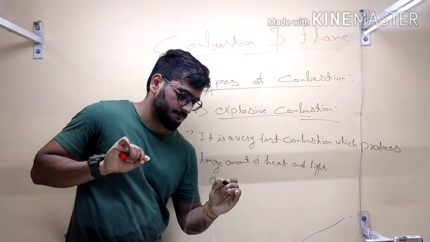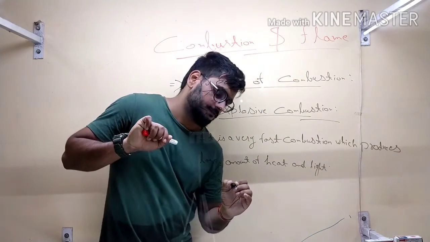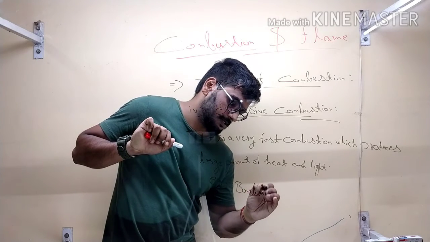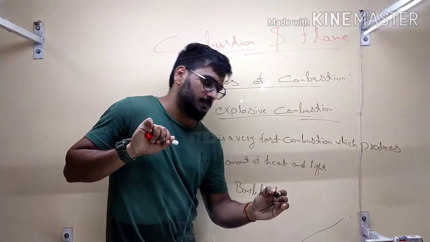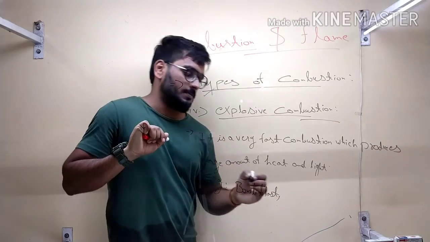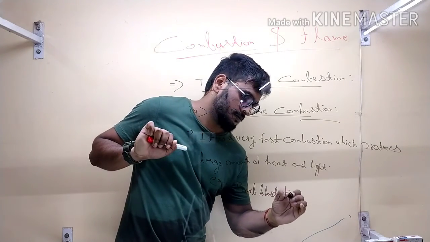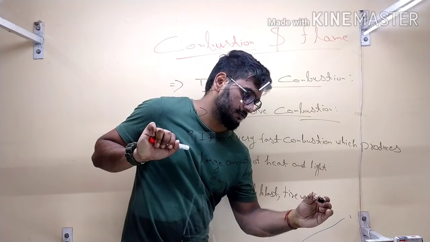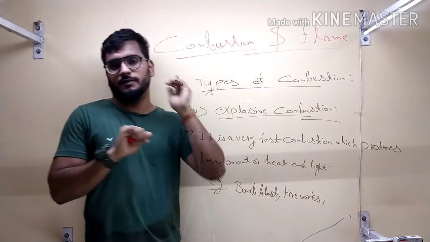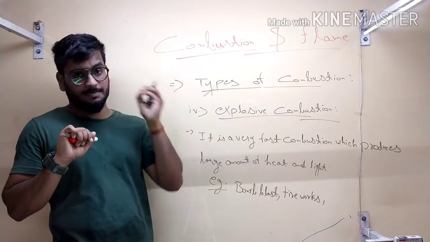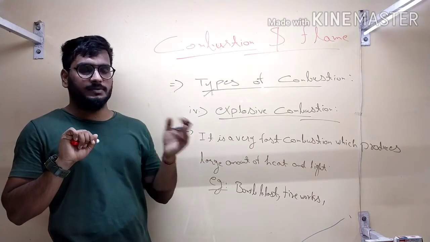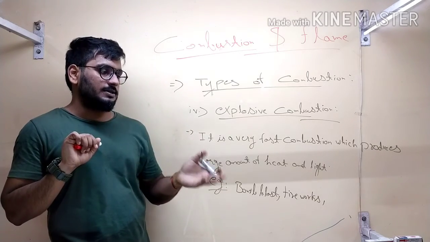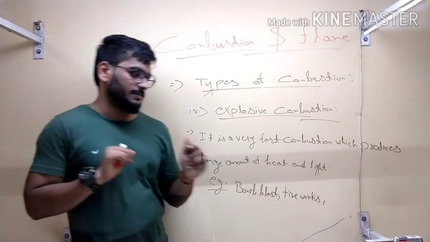Example: bomb blast. When you blast a bomb, that is explosive combustion. Fireworks, और when you firework in Diwali, जब आप पटाखे जलाते हो, that is fireworking in Diwali or any festival, in wedding ceremony, etc. Those are explosive combustion.